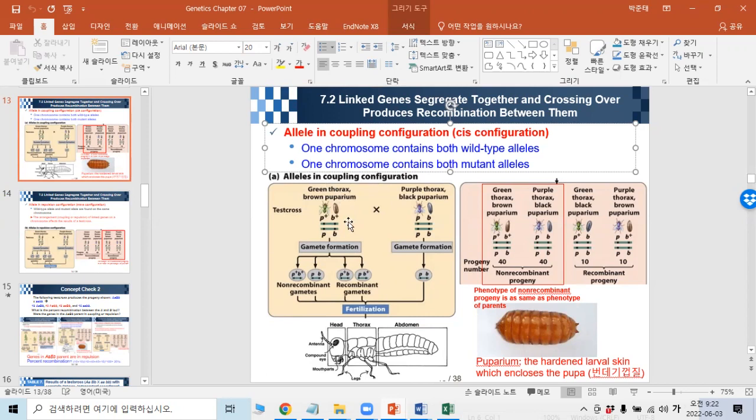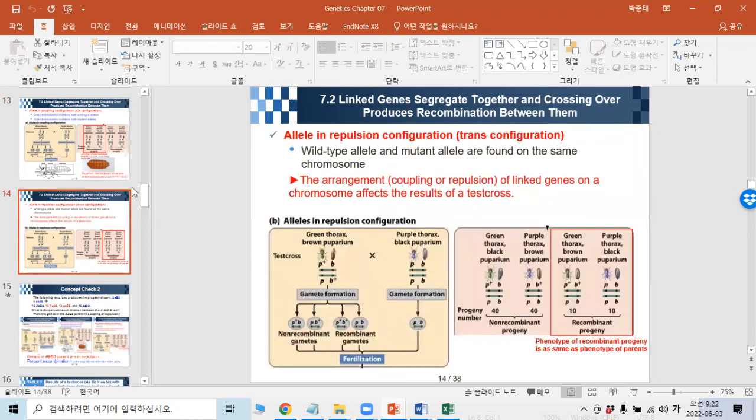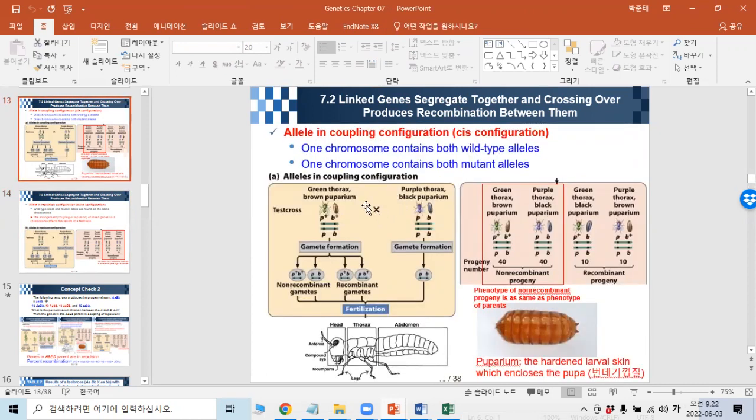To check whether they are cis or trans, we also can do the test crosses. We cross with small p, small b and small p, small b. This one will make the non-recombinant, and they will make the recombinant, when fertilization happens.